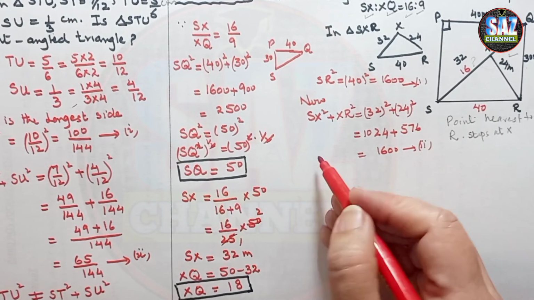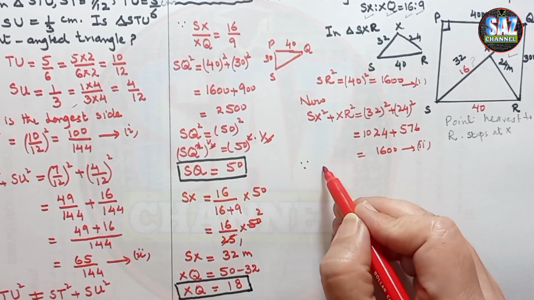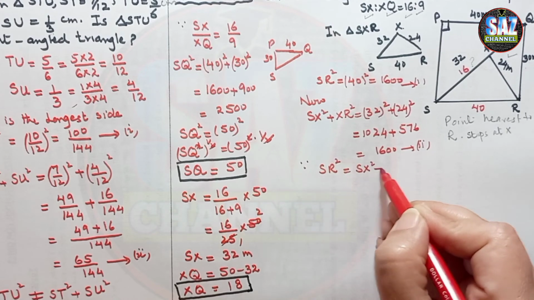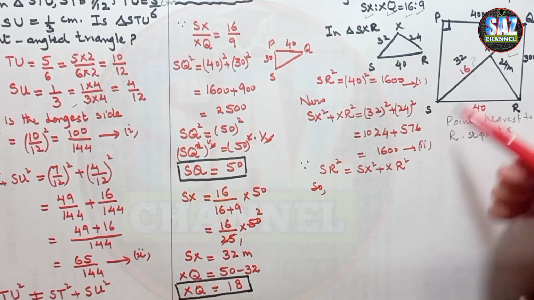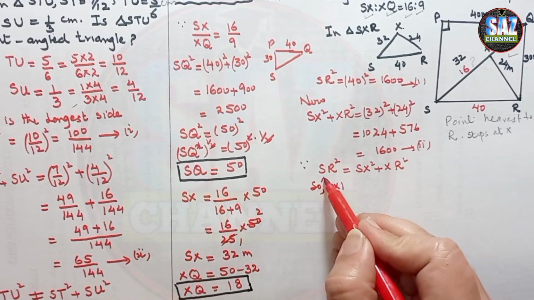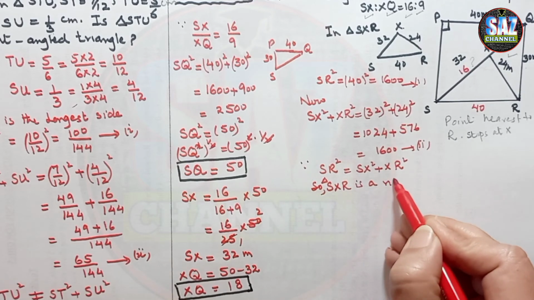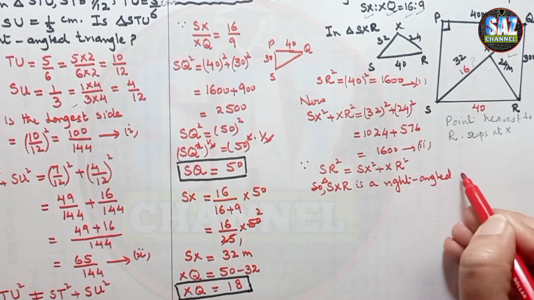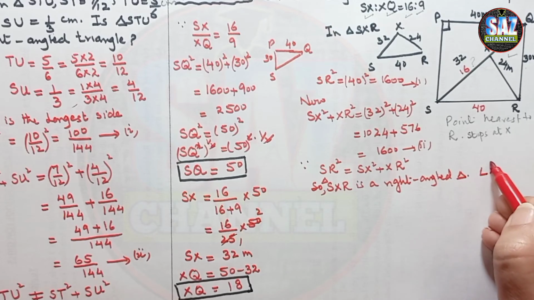Okay, and then from 1 and 2, it's clear that SR square equals SX square plus XR square. So the triangle SXR is a right angle triangle with right angle at X, with angle X 90 degrees.